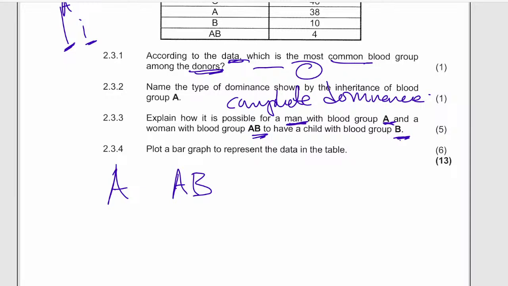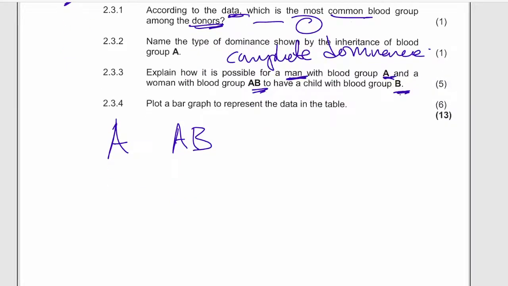If they say explain, I think they will give you 2 different styles. You can explain by writing either in bullet form or paragraph form, or you can explain in terms of a genetic cross. And after giving the genetic cross, you conclude.